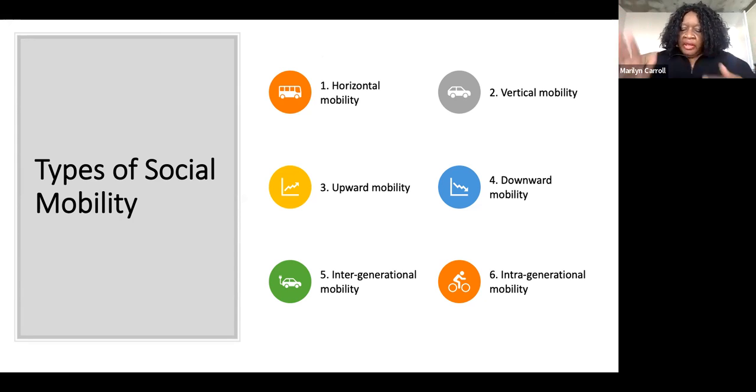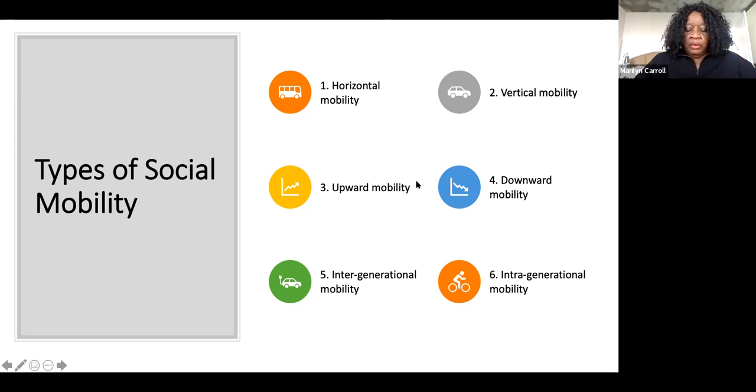We're moving up the vertical lines in the social mobility spectrum. And then there's upward mobility, meaning we're moving from one income to the next income, so we're gradually moving.